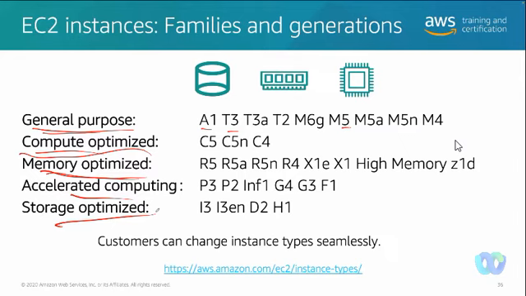Natalia, what do you mean by customer can change instance types seamlessly? Well, let me explain. Let's say you started with general purpose, and you'll also see that on top of the family, you also got to choose a size for the virtual machine. At any given time, if you want, you can change the instance type and size. Or if you wish, you can scale up or scale down, or scale vertically.